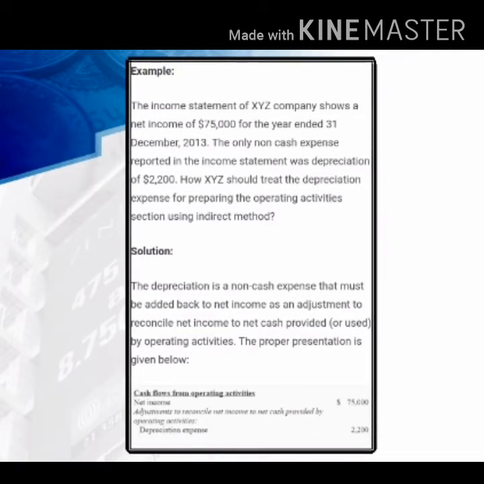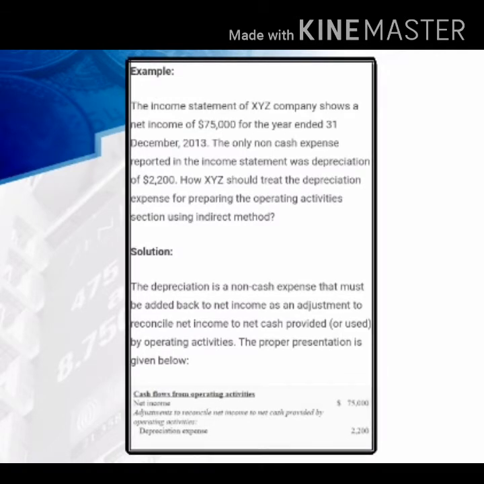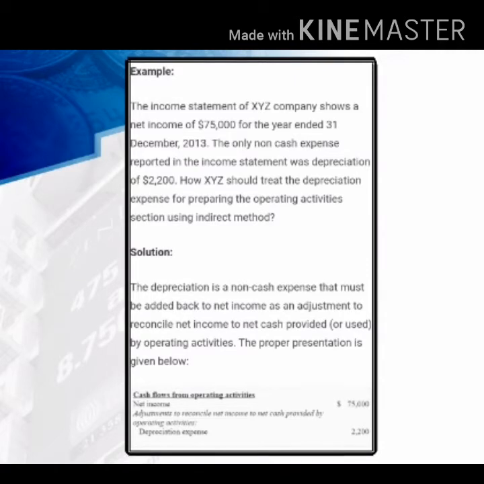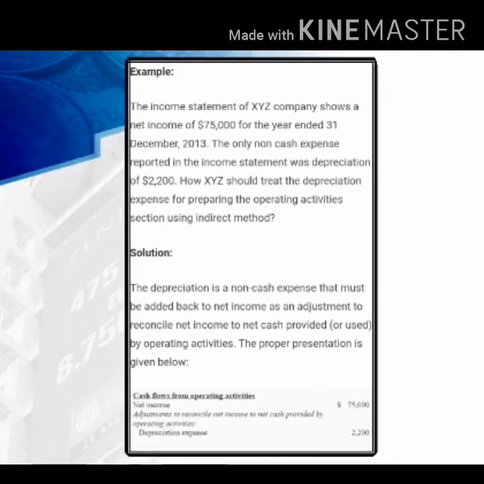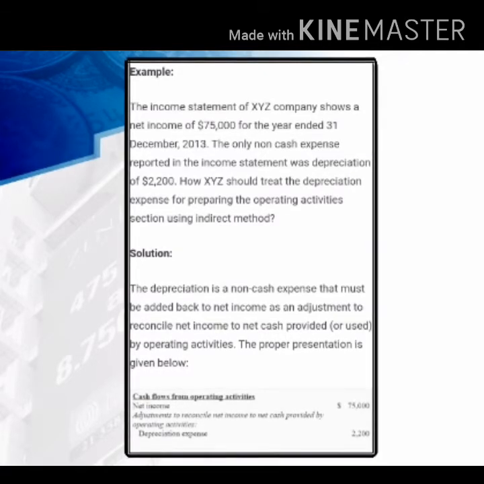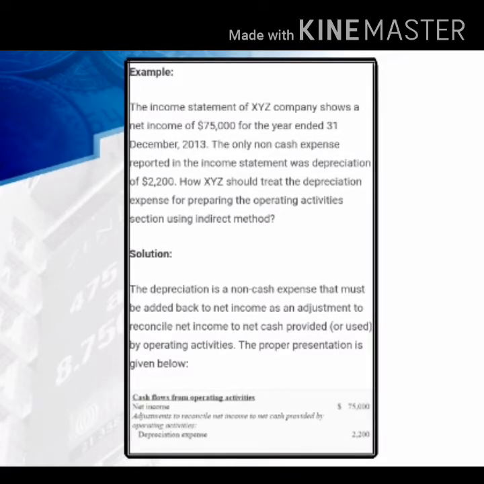The only non-cash expense reported in the income statement was the depreciation of $2,200. How should XYZ treat the depreciation expense for preparing the operating activities section using this indirect method?